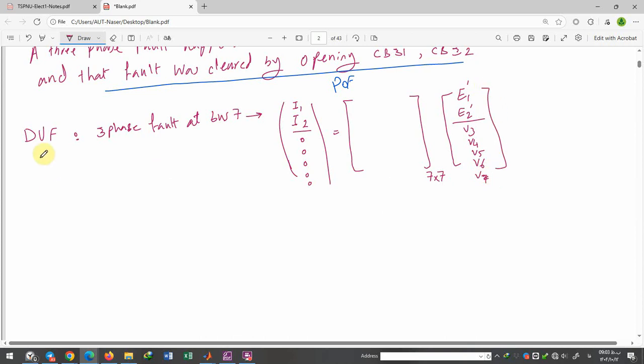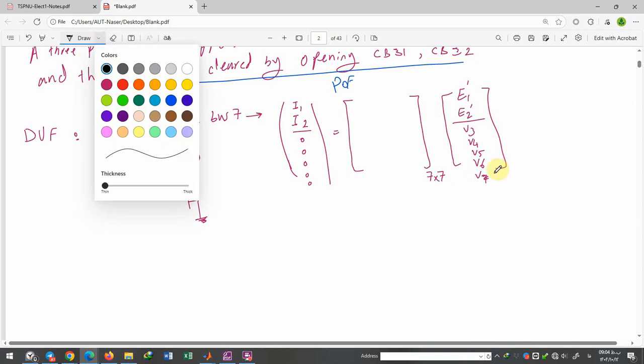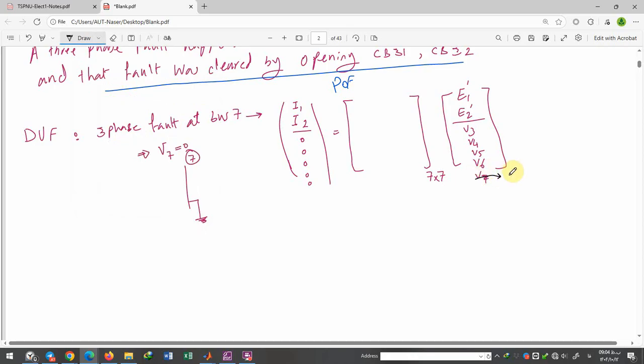And so, for during fault, as a three-phase fault occurs at bus number 7, it means that the voltage of bus number 7 would be 0 because bus number 7 is connected to the earth. So the voltage of bus 7 is 0.